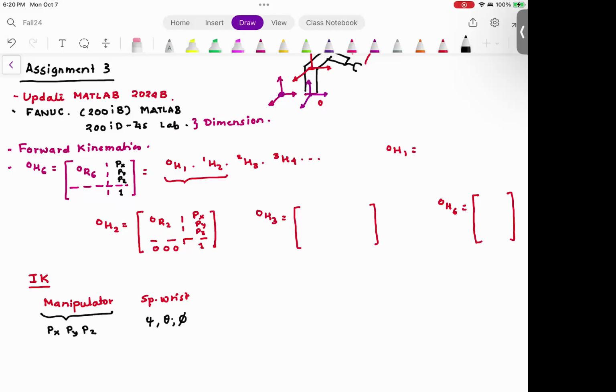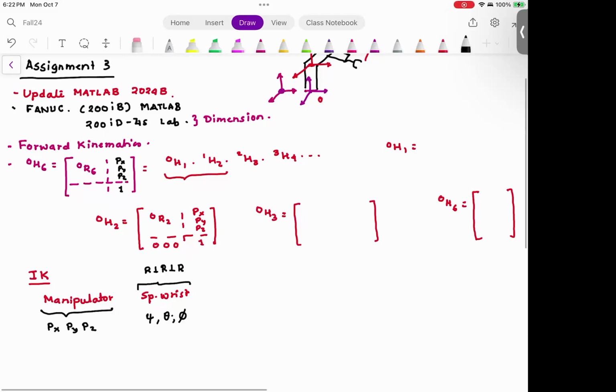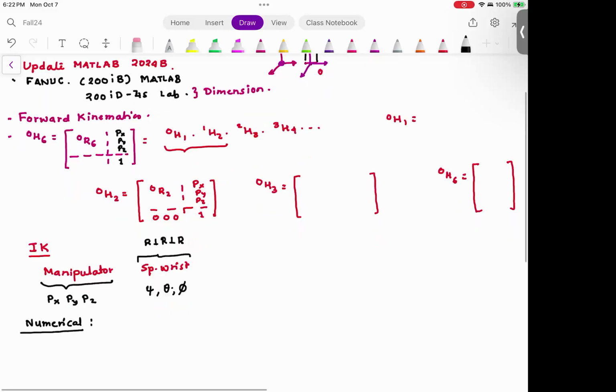This assumption is valid as long as the last three joints are extremely close to each other, almost on top of each other. Only then would this solution work. Otherwise, you have to use some type of numerical technique.